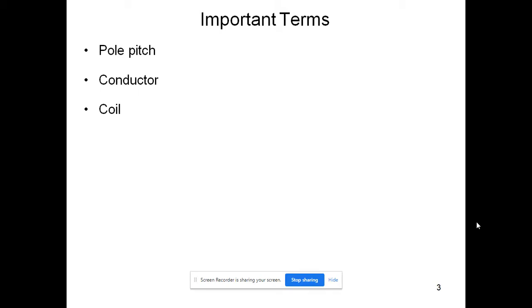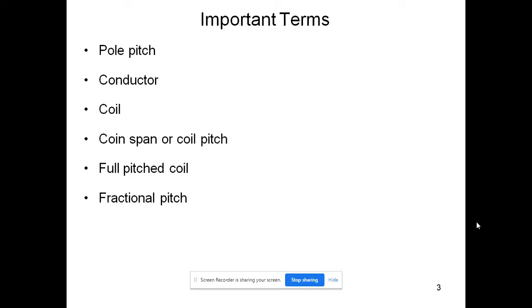And the third one is a coil, nothing but when two rectangular conductors become a coil. And what is coil span or coil pitch? And about full pitched coil and fractional pitched coil.